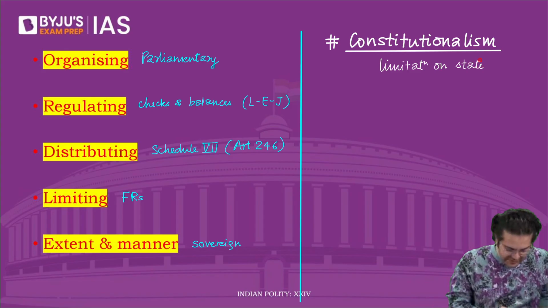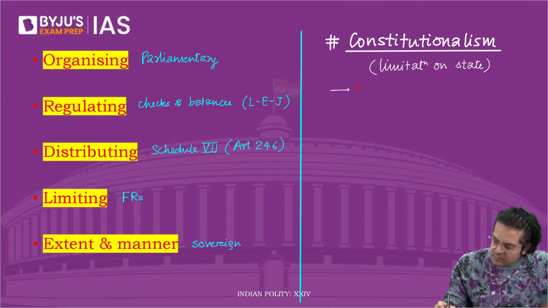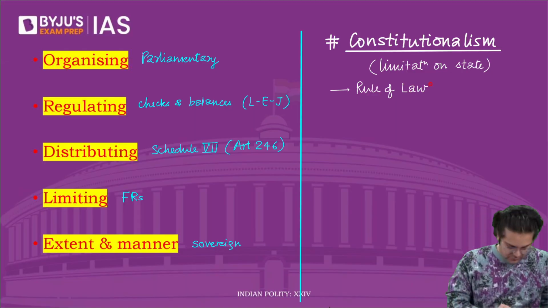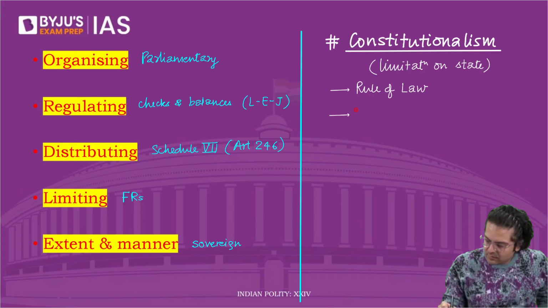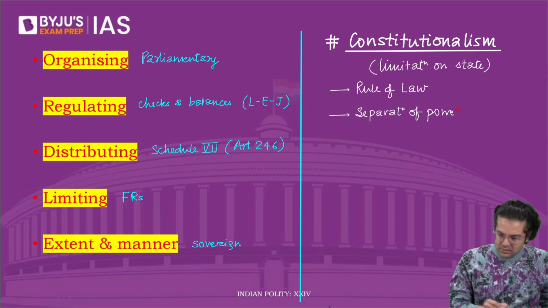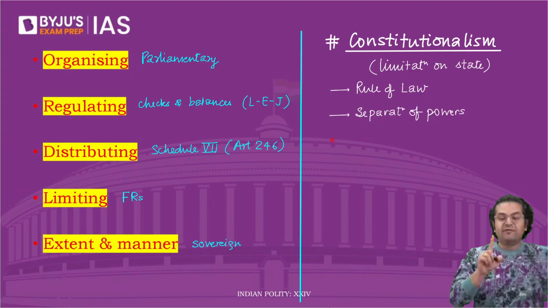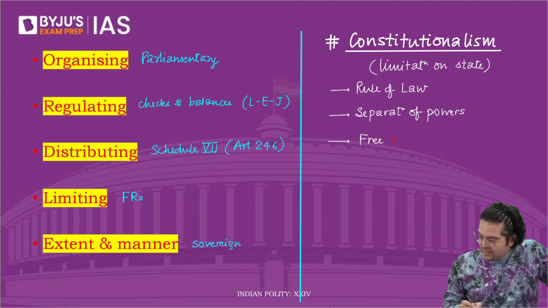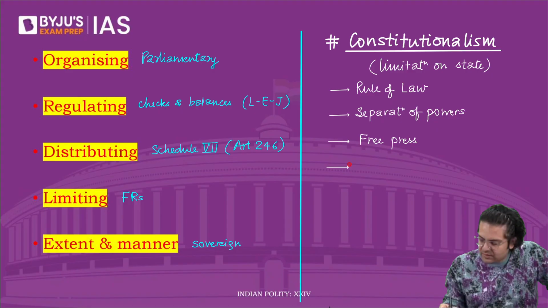Now, how do we see that happening? Certain elements like rule of law, like separation of powers, like free press, and of course, temporary government.